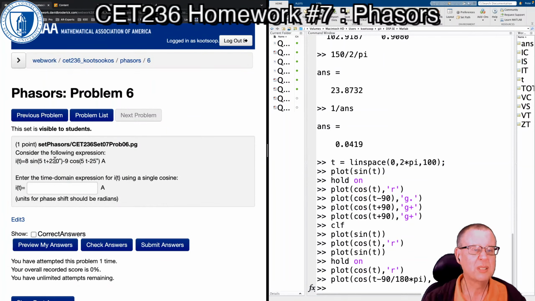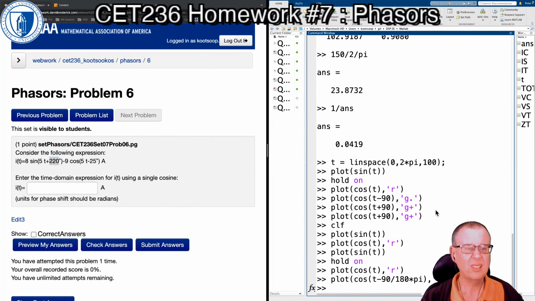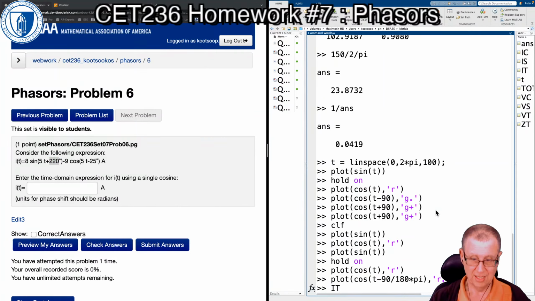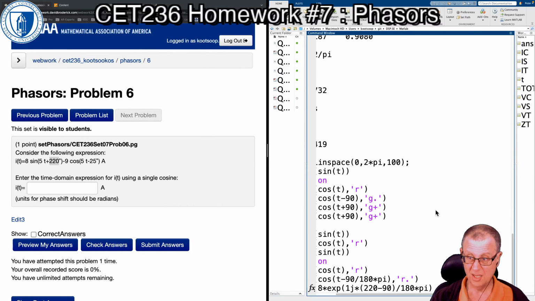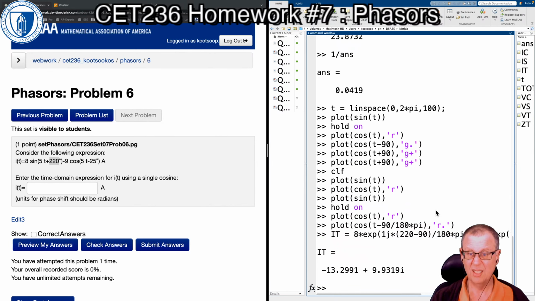so I really got this minus 90, so it's going to be IT equals 8 times exponential 1j times, now it's going to be 220 minus 90 on 180 times pi, and then minus 9 times exponential 1j times minus 25 on 180 times pi.